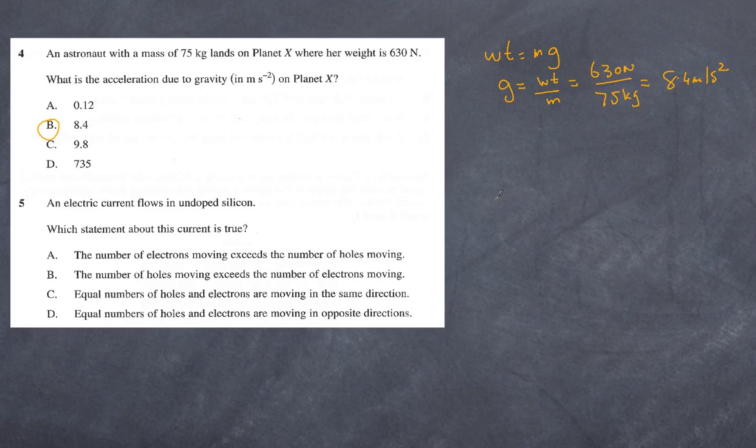The electrons are of course attracted towards the positive plate of the applied potential difference, and the holes go in the opposite direction, but they're in the valence band. The important thing is that when undoped, the number of holes is equal to the number of electrons, and so the only possible answer is D, equal numbers of holes and electrons, but they're moving in opposite directions.